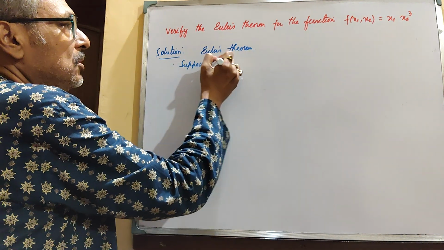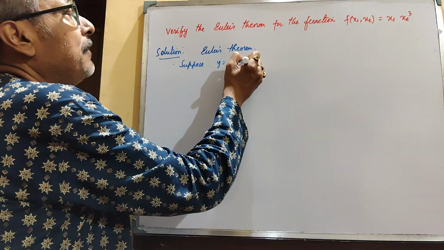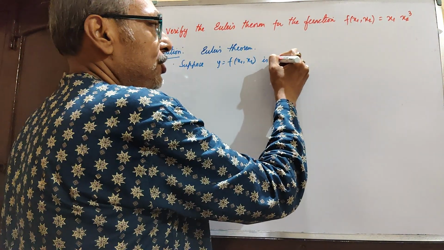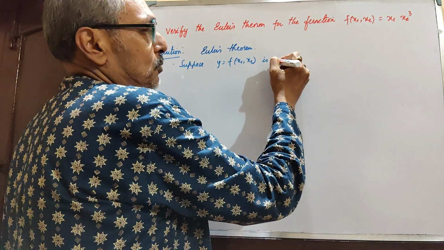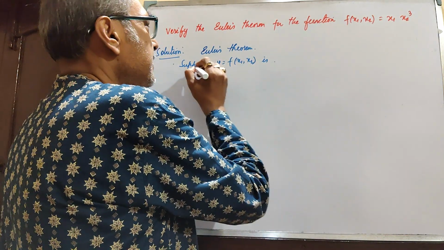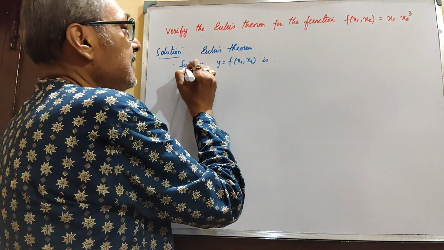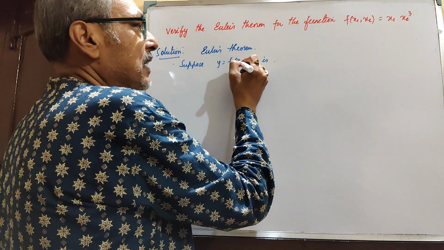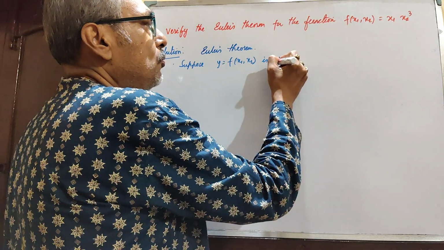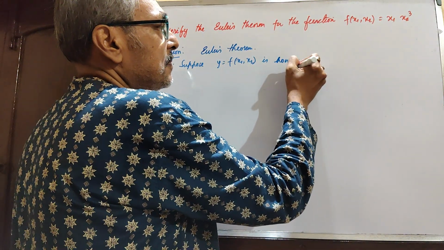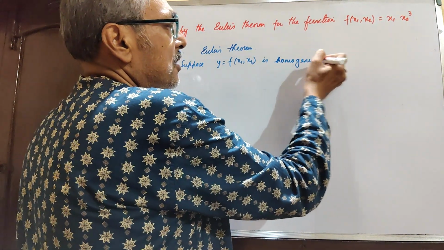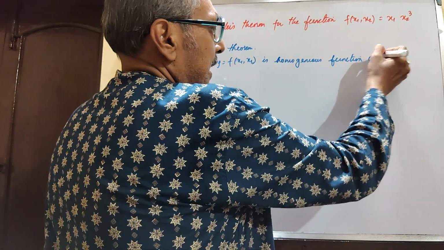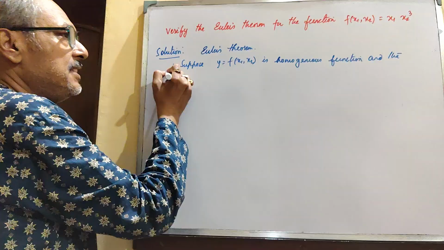Suppose y equals f of x1 comma x2 is a homogeneous function and the degree of homogeneity is n.